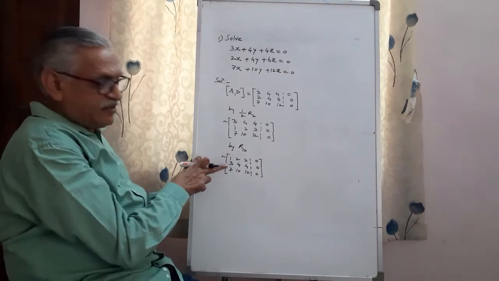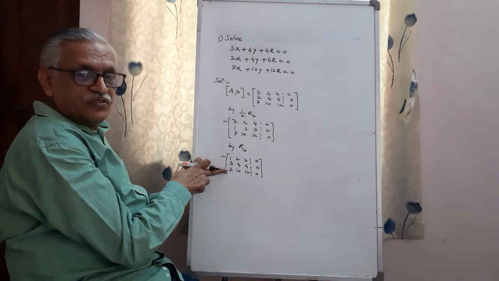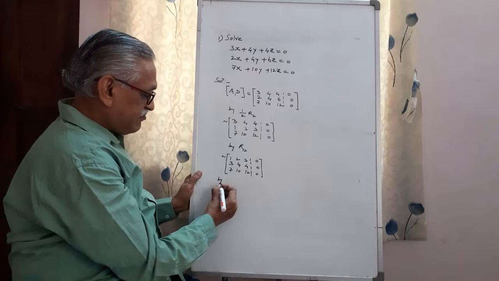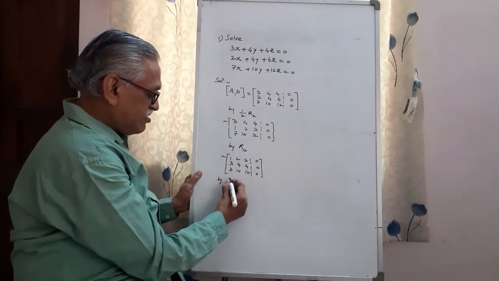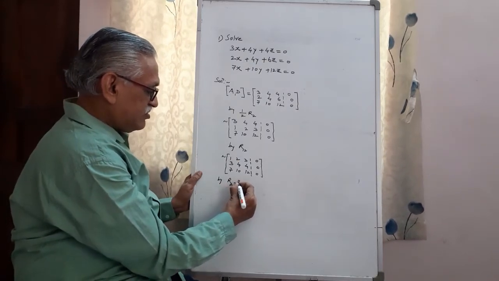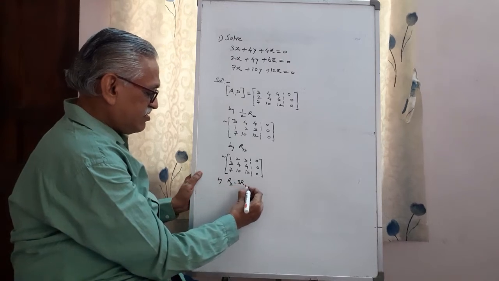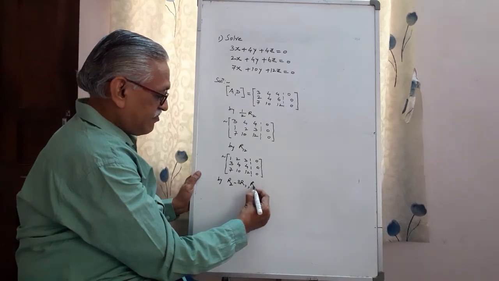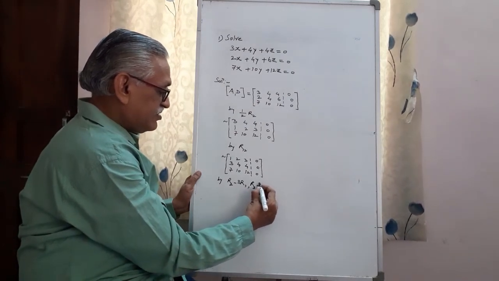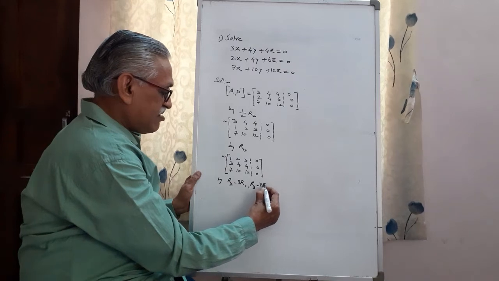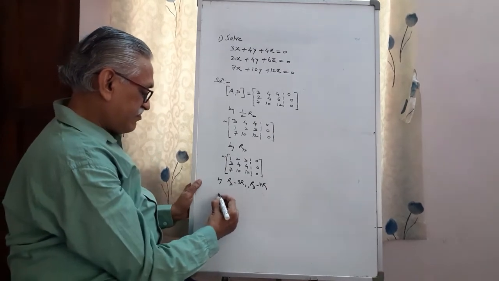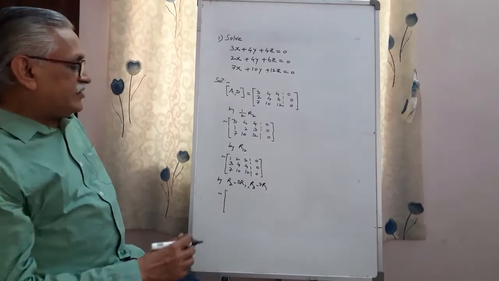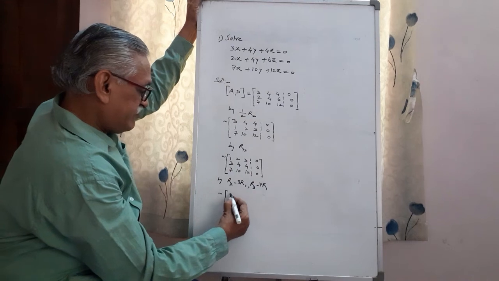Then using this one, convert these two elements to zeros by applying transformation. 3 minus 3 we get 0, meaning R2 minus 3 R1, and for this 7 minus 7 is 0, meaning R3 minus 7 times R1, we get. First row no change.